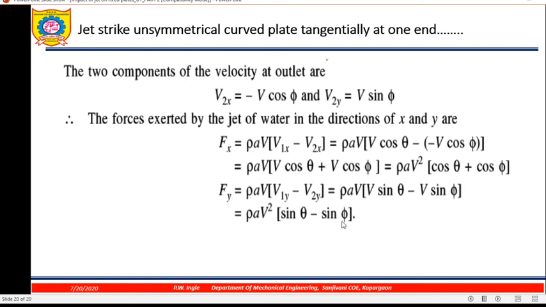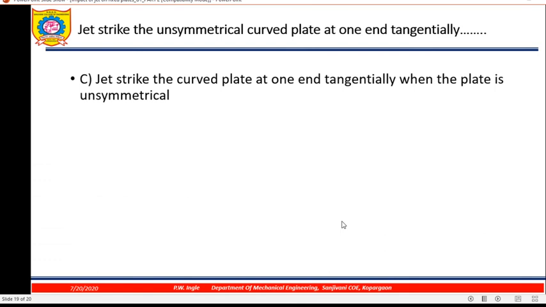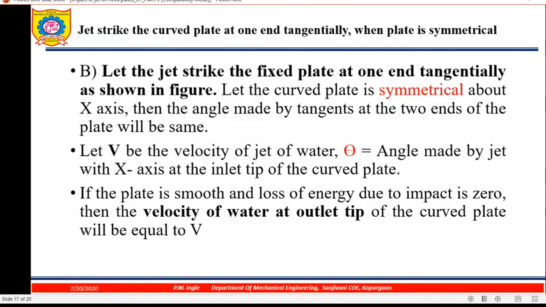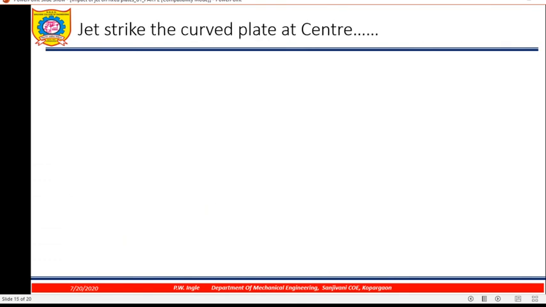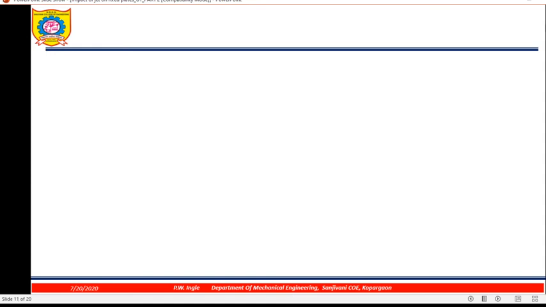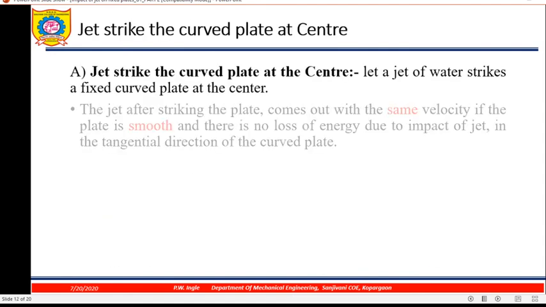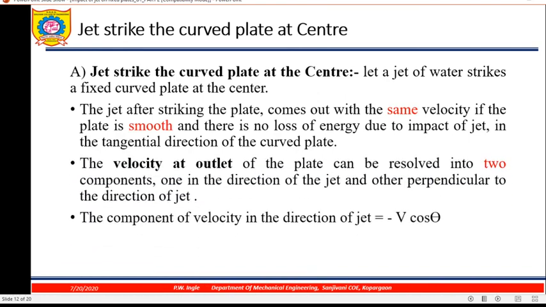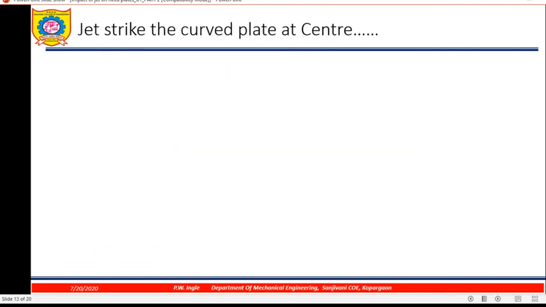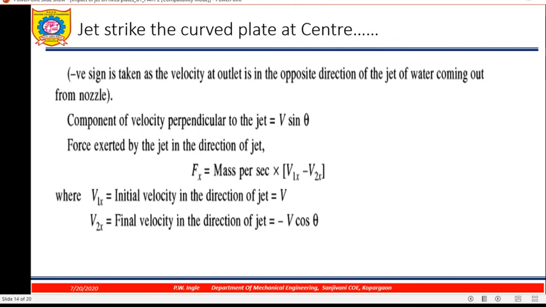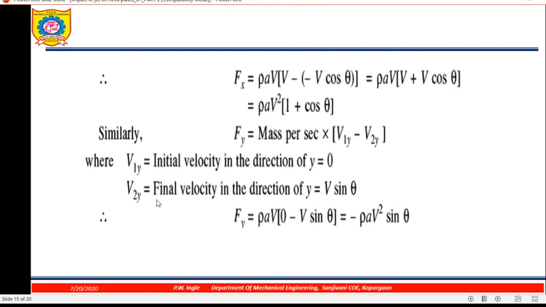So we have seen the force exerted at the center. What equation are we getting? This is the equation for when the jet strikes the curved plate at the center: Fx equals rho a v square times (1 plus cos theta).